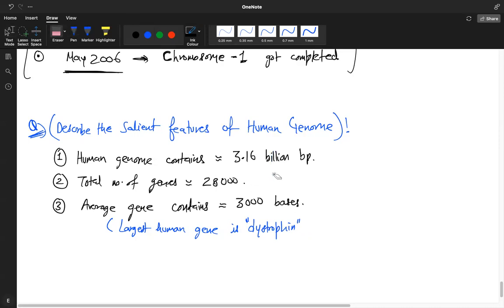Continuous work for 16 hours, a 16-hour long shift done by the RNA polymerase to transcribe dystrophin gene, because the largest human gene contains around 2.4 million bases. So it's not like 3,000 bases is just an average, okay, given in NCERT. Dystrophin has 2.4 million bases. And it takes 16 hours to get transcribed.